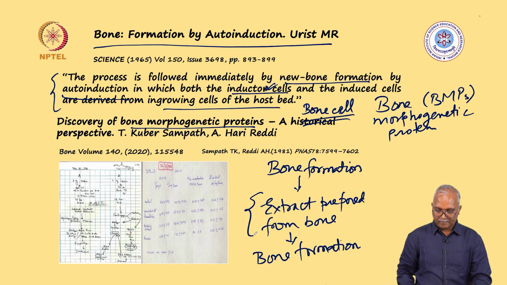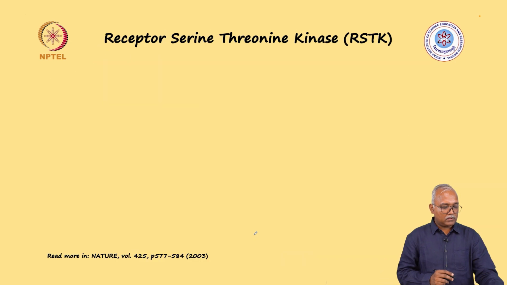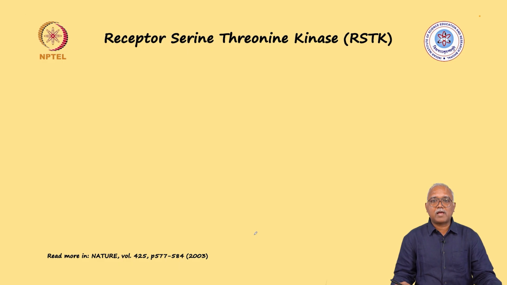Now if you think about the receptor serine-threonine kinase activity and think about the receptor itself, what you recollect from the plant system was that they were often forming heterodimeric assemblies, right?